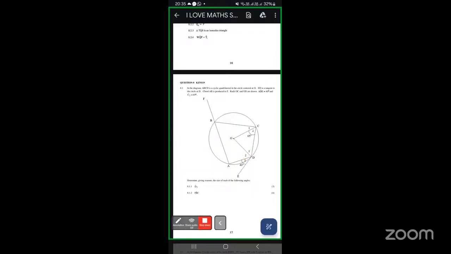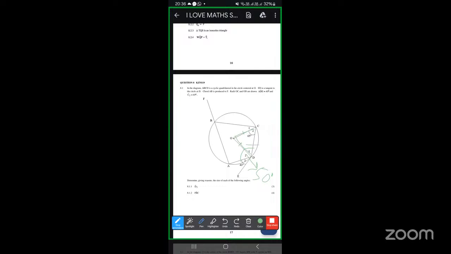In this case, we found D2 as 50 degrees. Let me just write it there. We found this angle as 50 degrees. And then we used the fact that these are radii. Then we concluded by saying this angle is equal to 65 degrees, reason being, angles opposite equal sides.